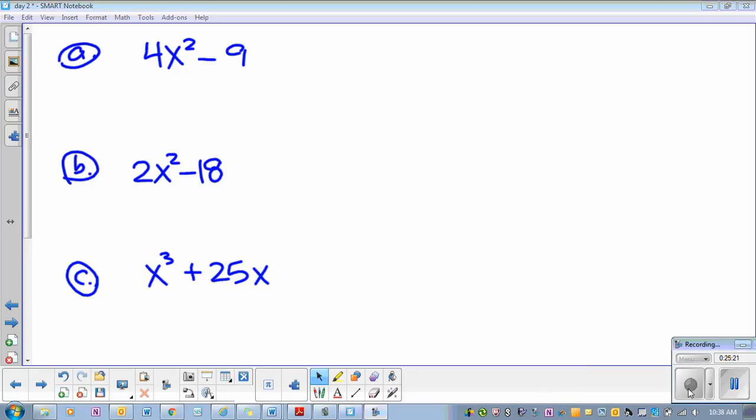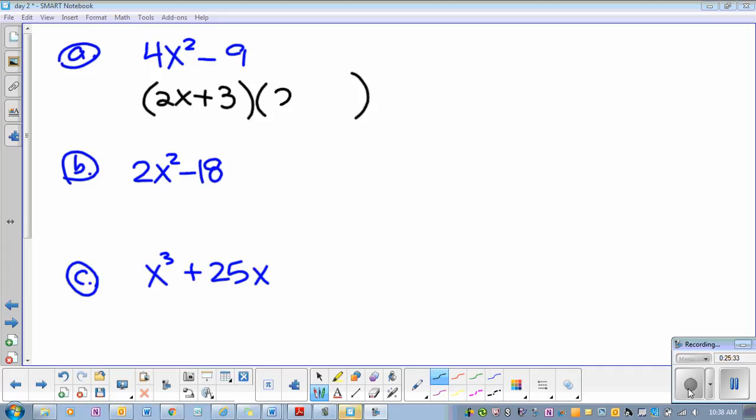Okay, so number one, 4x squared minus 9. There's no GCF, but we can do DOTS. 2x plus 3 and 2x minus 3. Do we agree? All right. B. Well, 2 is not a perfect square, and 18 is not a perfect square, but there is a GCF. 2.